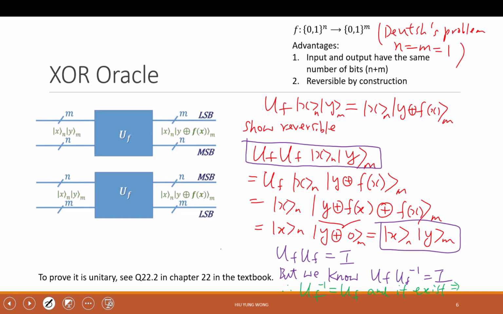And based on this, it is reversible. If you have an inverse, then it means you are reversible.